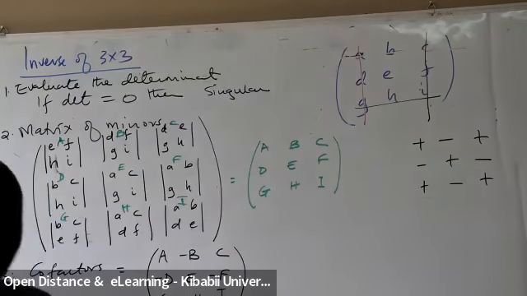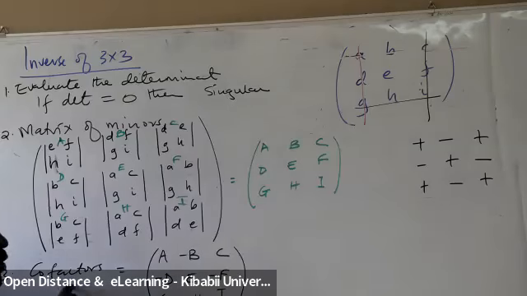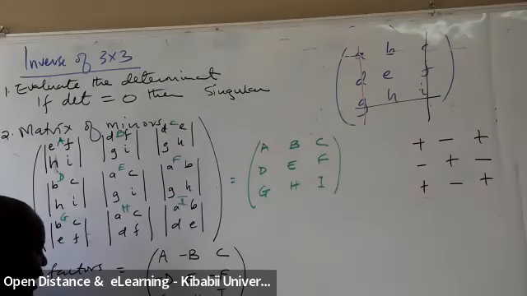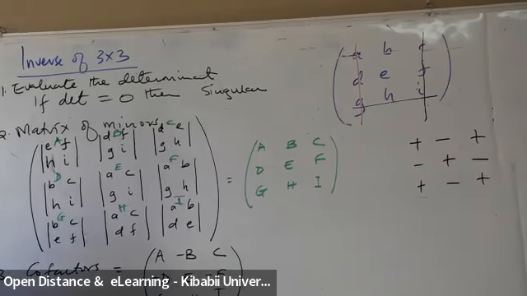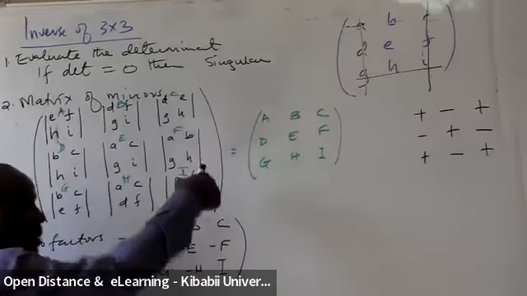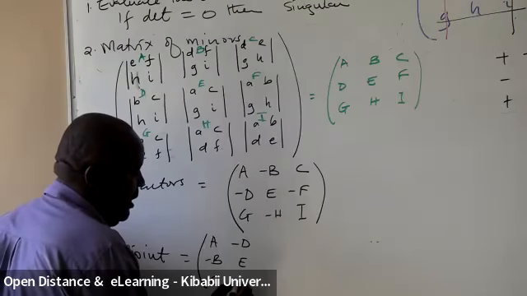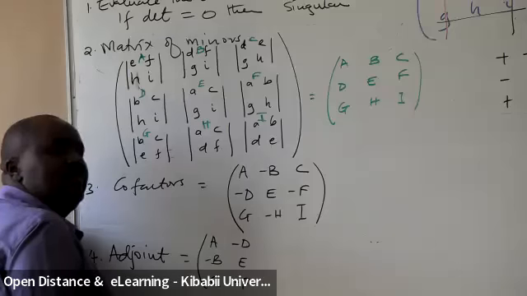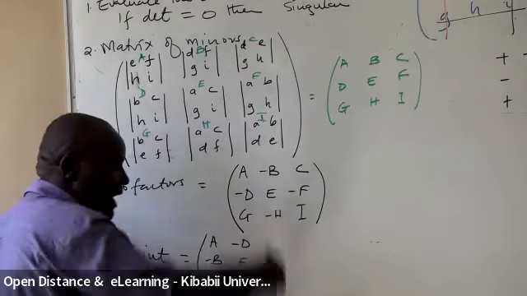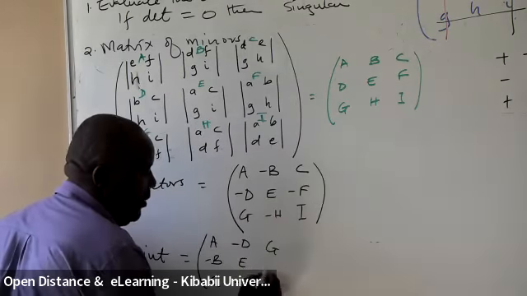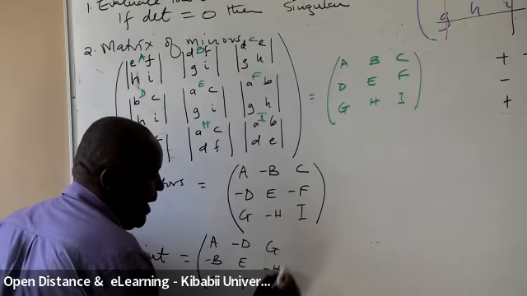So if we transpose the cofactor matrix, then we get the adjoint matrix. The first row, A, minus B, C, will become the first column, A, minus B, C. The second row will now become the second column, minus D, E, minus F. Then the third row becomes the third column, G, minus H, I.